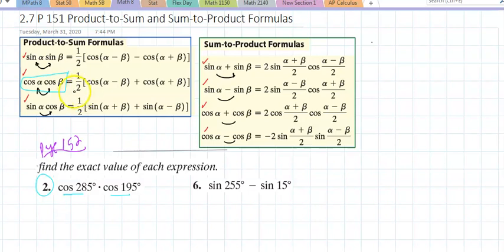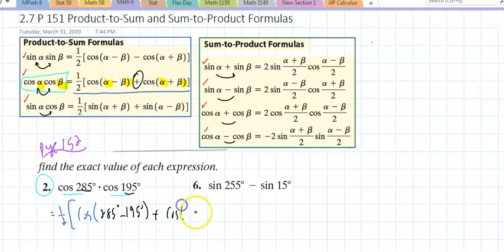So if I look at this, this says simply, this is 1/2 the cosine of the difference of whatever those are, plus the cosine of the sum. So the difference of those, 285 degrees minus 195 degrees, plus the cosine of the sum of those, 285 degrees plus 195 degrees.